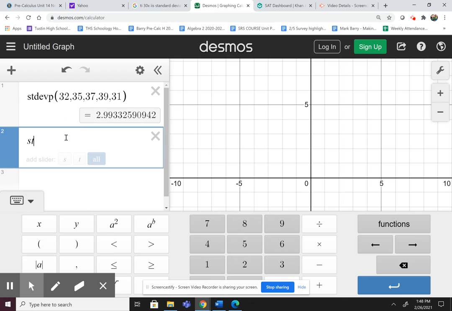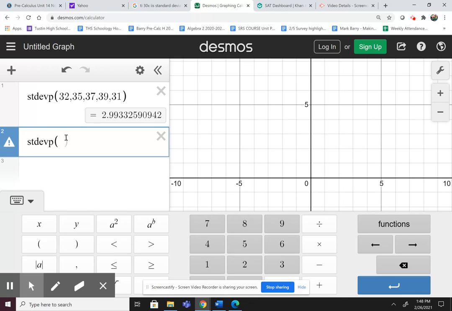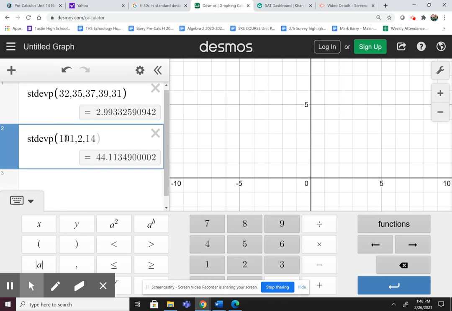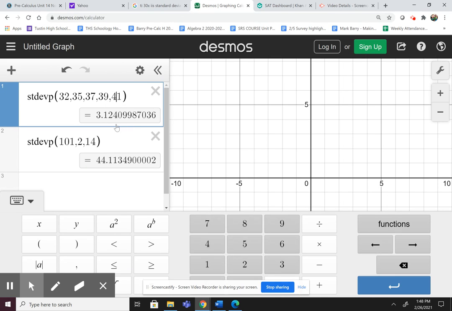And then I'll just go ahead and, while I'm here, do the other one as well. So 101, 2, 14. And so you can see this one's about 3, and this one's 44.1. Oh wait, this should be 41. So that's 3.12 and then 44.1.